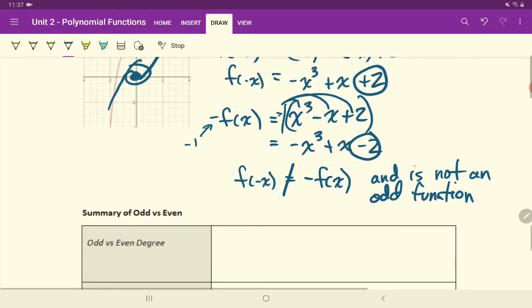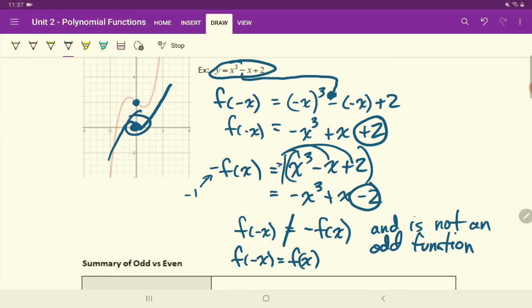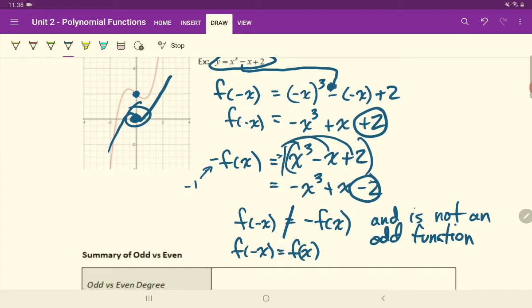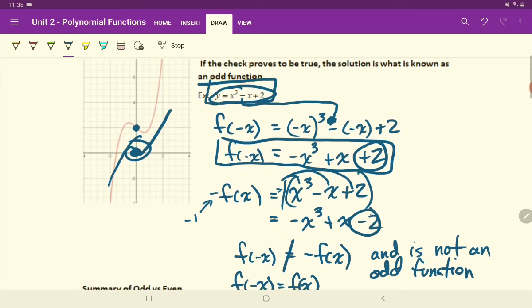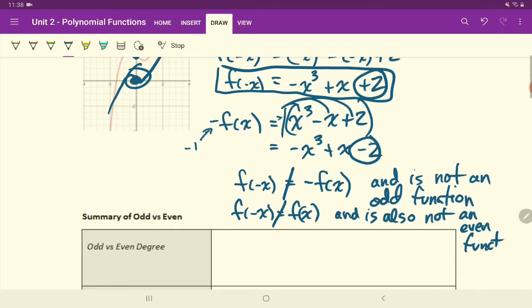But is it an even function? Well, let's see. Is f at negative x equal to f at x? Because that's our test if it's an even function. So our f at negative x was this. Does it equal our original equation? No. So it is not equal to f at x, and is also not an even function. So it would be neither.